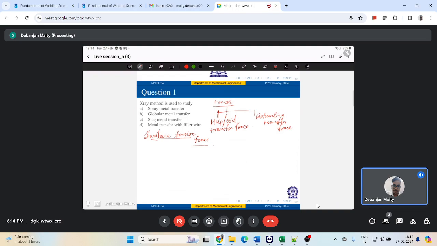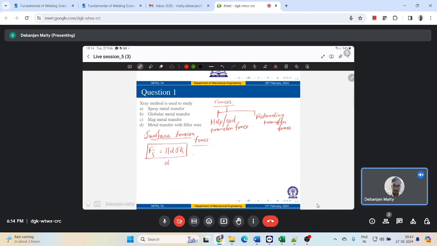It will restrict your drop metal in its own position. And what is the equation through which you can measure the surface tension force? If Fs is my surface tension force, we can measure it through an equation like this.